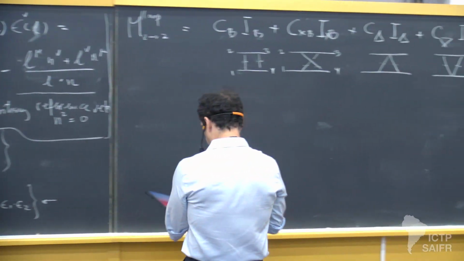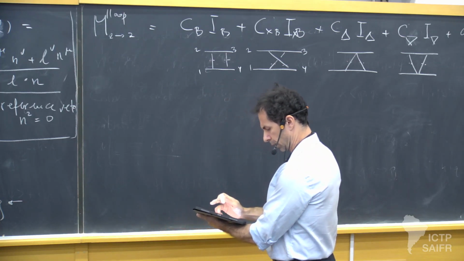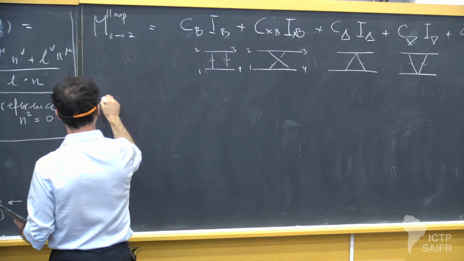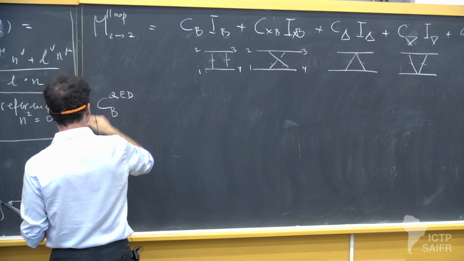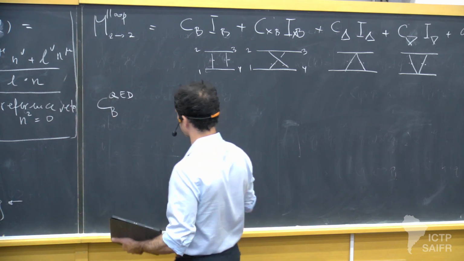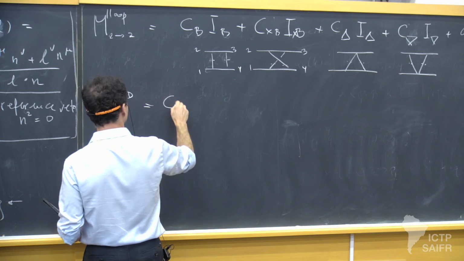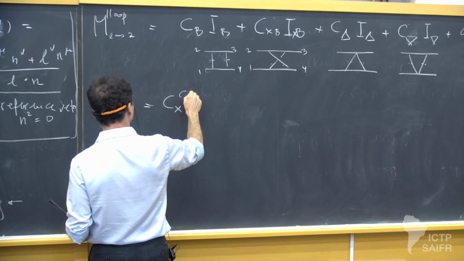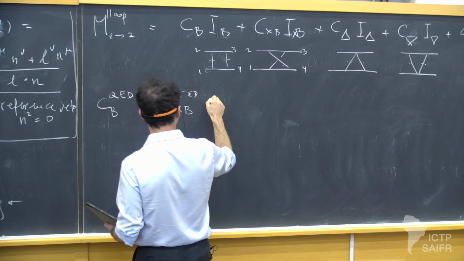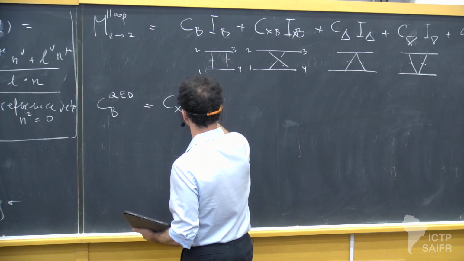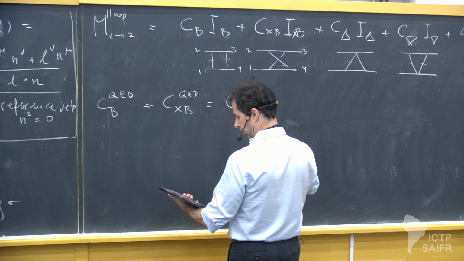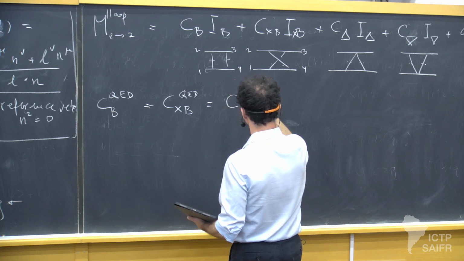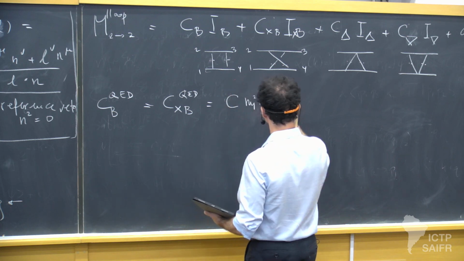So these are the integrals. The coefficients are as follows. CB is the same as CXB. This is a Q, and it is some constant times m1 square, m2 square, y square.